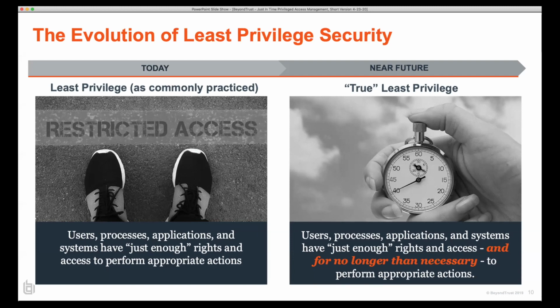We still need a methodology to turn them on, use them, and take them away. And that's what true least privilege is. That's the whole concept of just-in-time. Just enough rights and access for no longer period than necessary to perform the appropriate actions and document those appropriate actions for the teams that need them just in time.